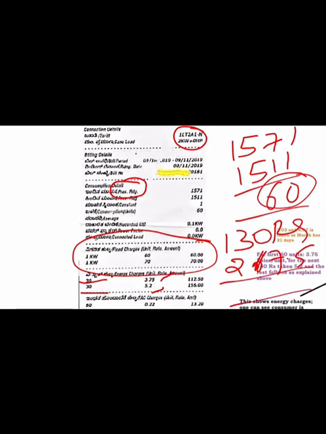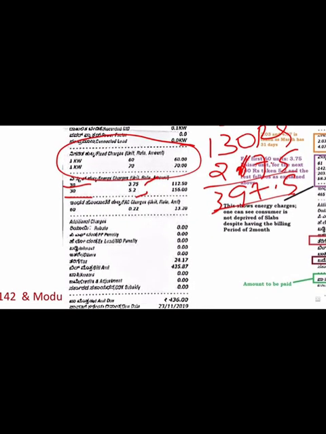Now we should pay both: the fixed charge is 130 rupees and the variable charge is 267.5 rupees. So totally we have to pay 397.5 rupees. That will be the two-part tariff. For that, again there will be a tax of 9%. Including that we need to pay the amount. That will be our total bill that we will be getting.